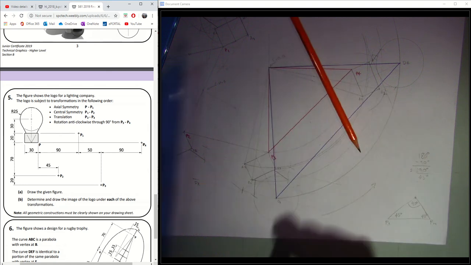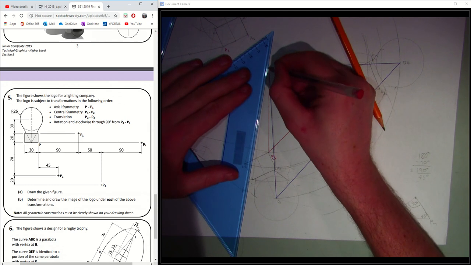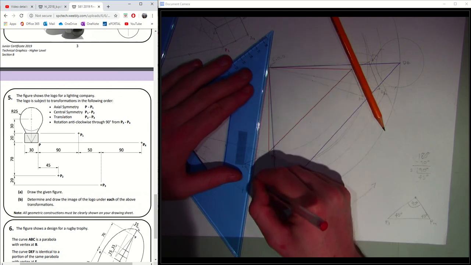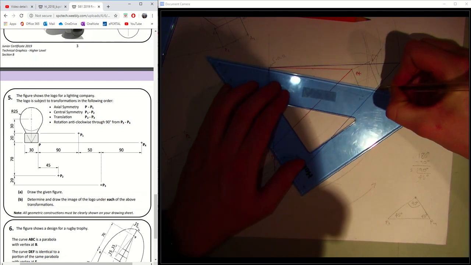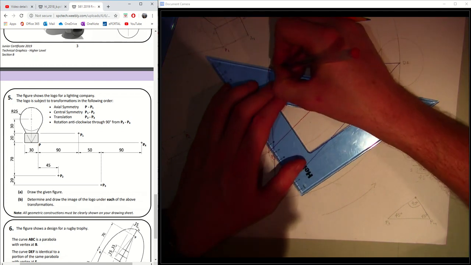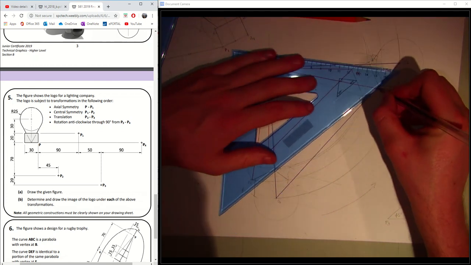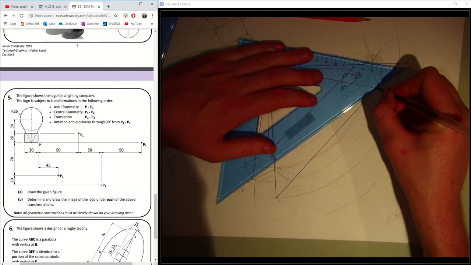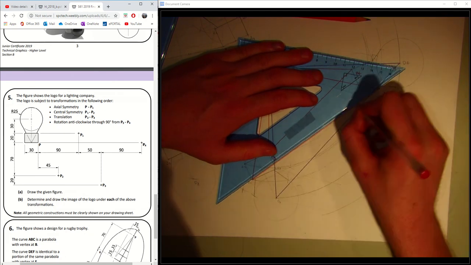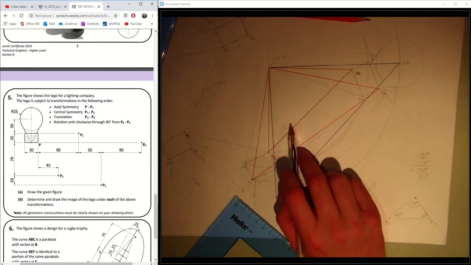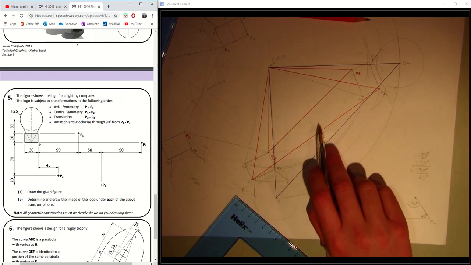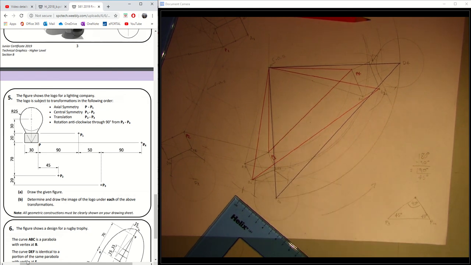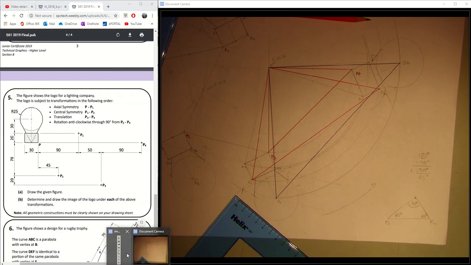So if I highlight, for B, that would have been like this. And again, you don't have to draw this in, I'm just drawing them in so you can see what's happened. We see that's a similar triangle.